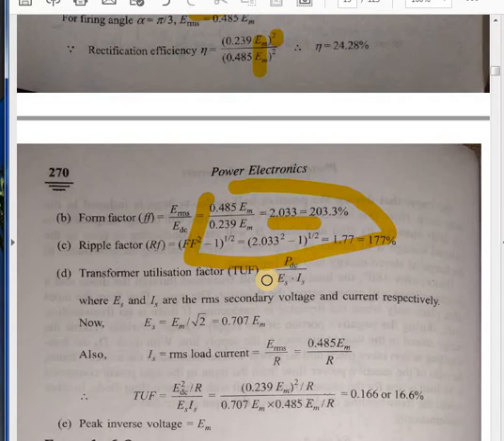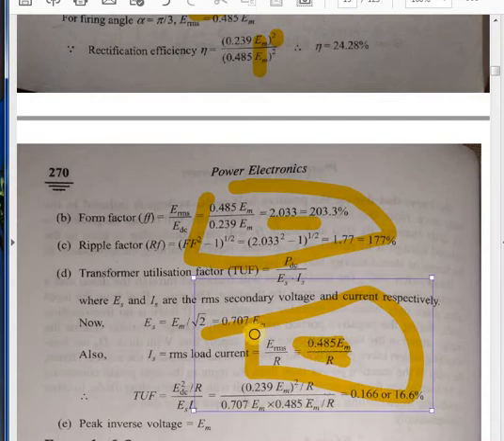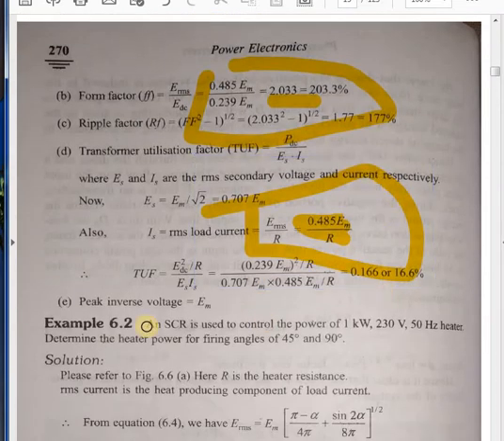ES and IS are the secondary voltage and current. ES can be calculated as EM by root 2 and IS can be calculated as ERMS by R. If you substitute these values of ES and IRMS and divide, you will get the value.